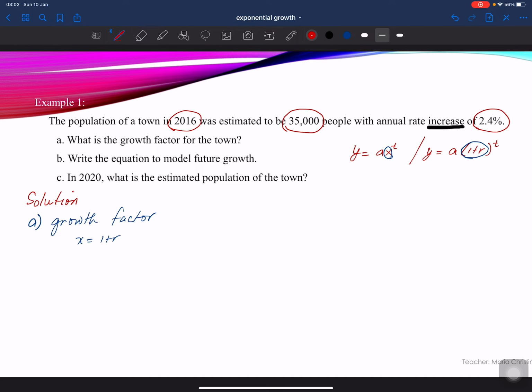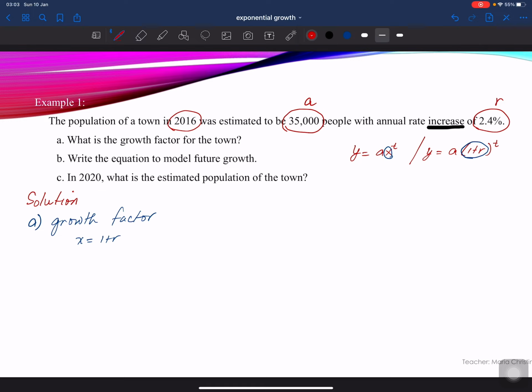Okay, so 2.4, this is your r, 35,000, which is the initial population, that is your a, and of course this is the year.